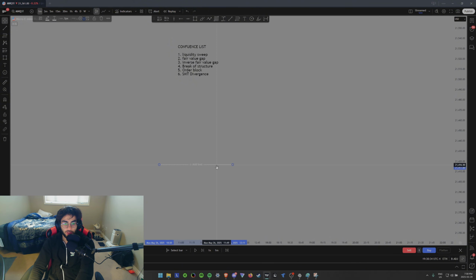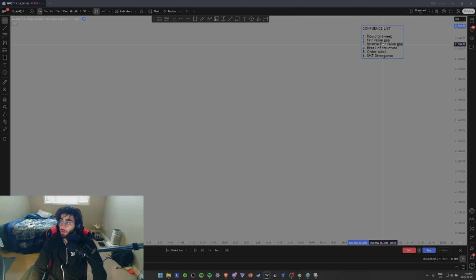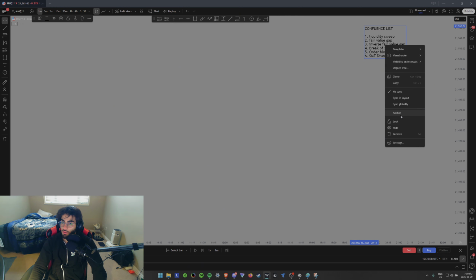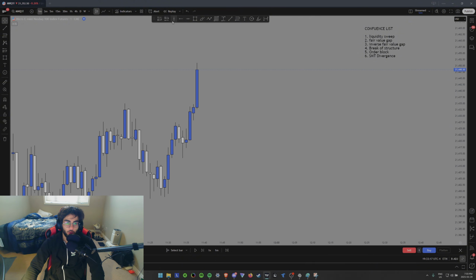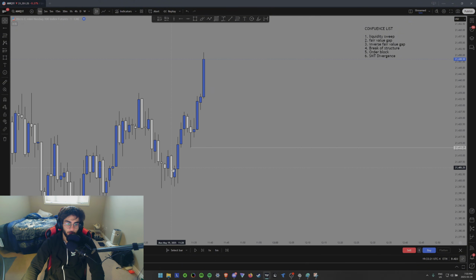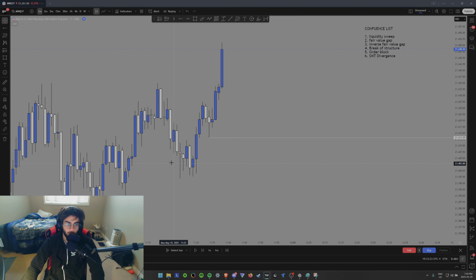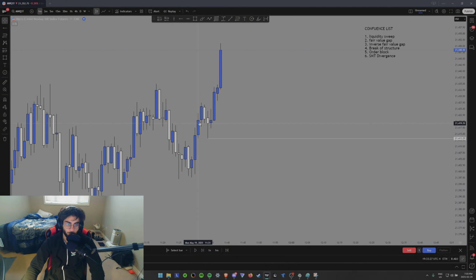I'm going to keep this confluence list up here just so you guys remember what we'll be using. Liquidity resting here. We have an order block here. How do we know it's an order block? Liquidity right here got taken out by this leg.